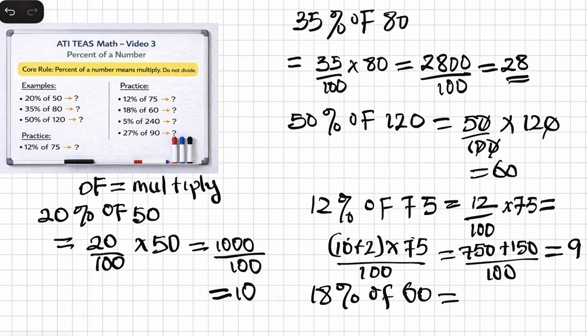So this is equal to 18 over 100 times 60. This is going to be equal to 1080 over 100, which is equal to 10.8. All right. So that is that.